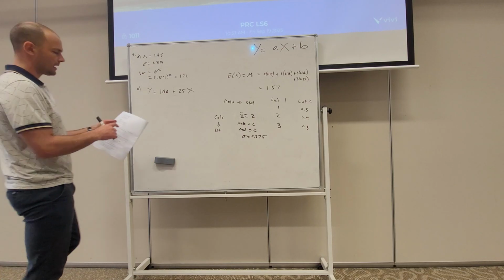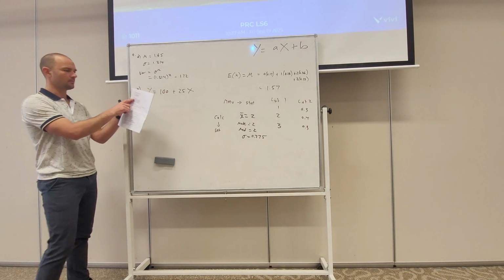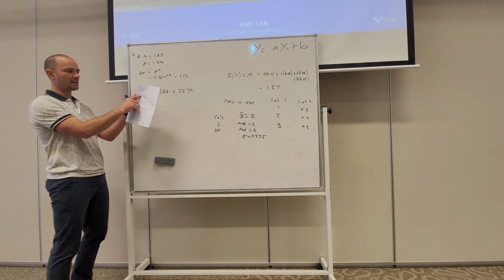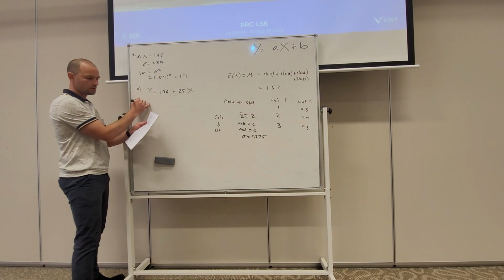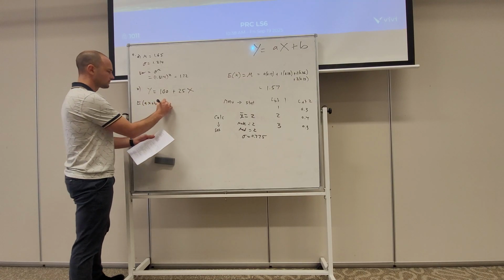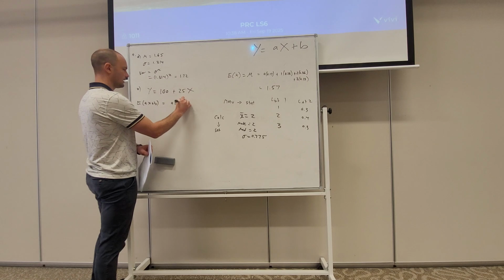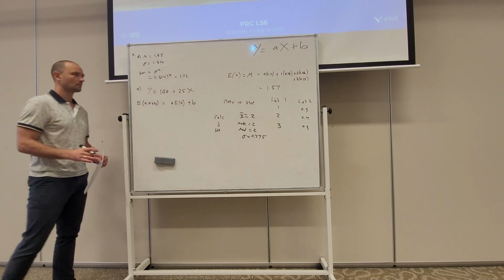So I'll just flick you back to the previous page, literally just on the page opposite. We've got 7E, the properties of aX plus b, and we're just going to use this property here, that the expected value of aX plus b is equal to a times the expected value of X plus b.